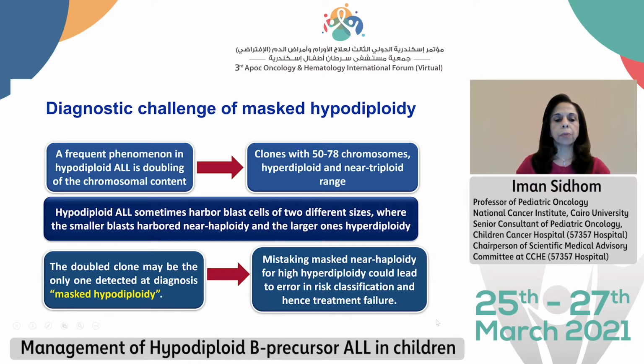The double clone may be the only one detected at diagnosis and resulting into a masked hypodiploidy. Mistaking masked near haploidy for the true high hyperdiploidy could lead to error in risk stratification and hence treatment failure.